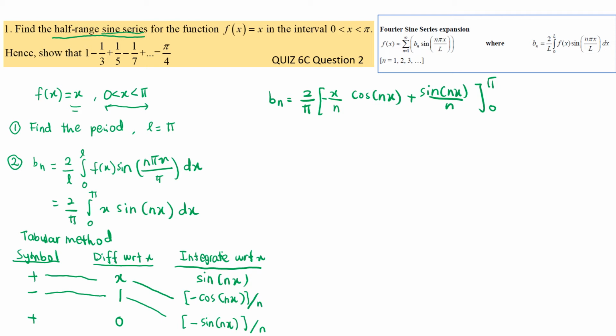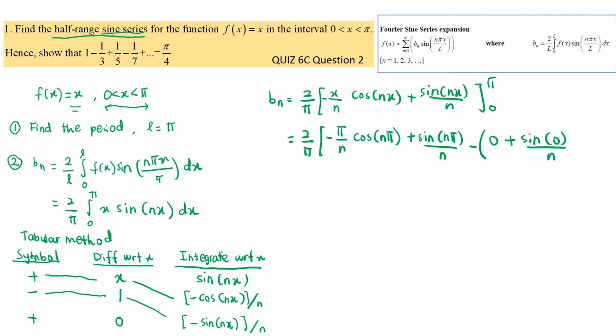Okay, then we substitute x with pi and 0. You get negative pi over n cos n pi plus sine n pi over n, and then substitute x with 0, so minus. The first part will be 0 and the second part will be sine 0 over n, which also is 0, and this sine n pi also is 0.